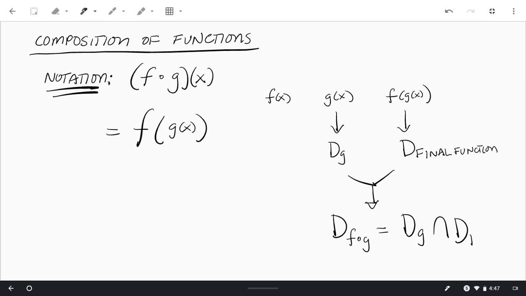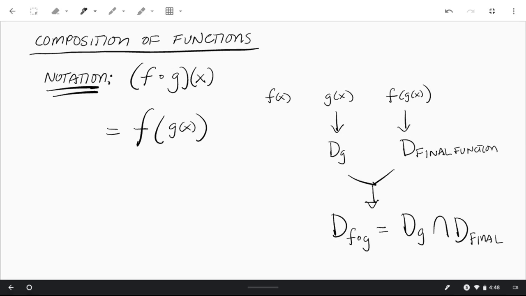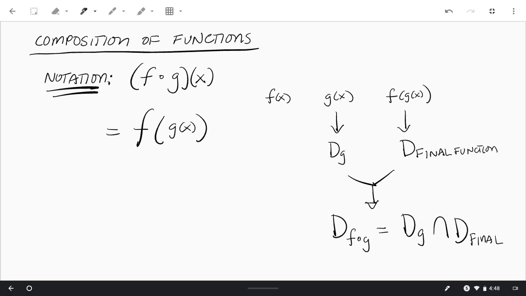That's supposed to say final. We're waiting for it. There it goes. So that's going to be the domain of the composite function.